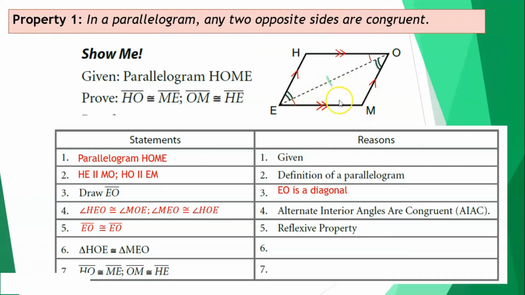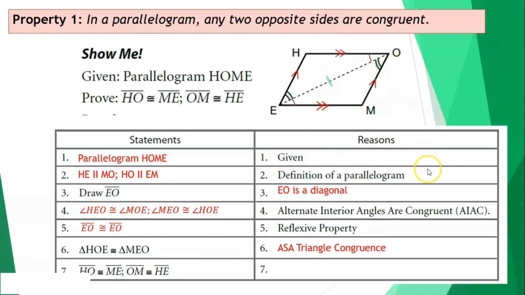So with that, mark it. So with this, triangle HOE is congruent to triangle MEO by ASA. So we have an angle, a side, and an angle. For the second triangle, you have an angle, a side, and an angle.